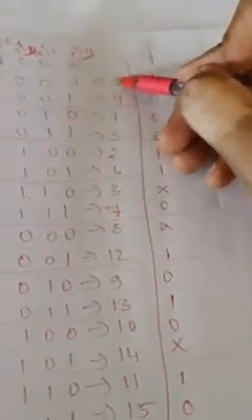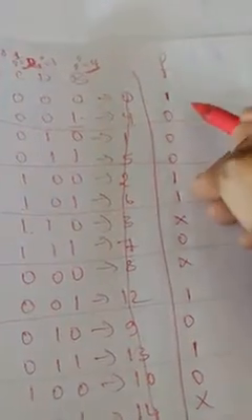Now group 2. You need to convert this 16 data inputs to 8, right? So I'm making two groups. Compare this B column with F, 0, 1, 1, 0, reverse.